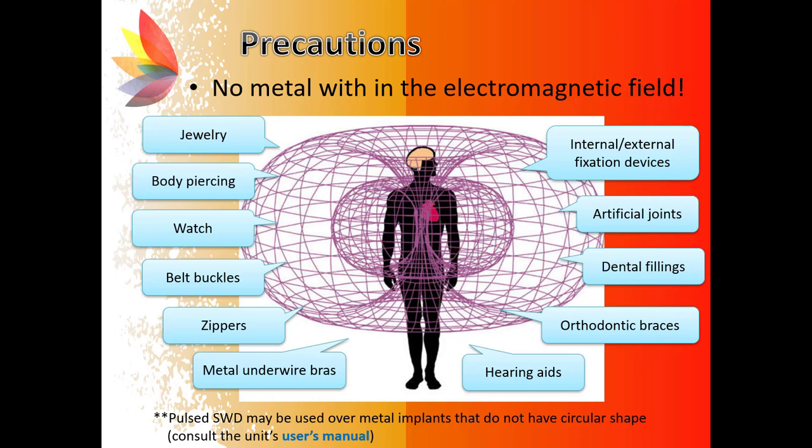Pulsed shortwave diathermy may be used over metal implants that are not circular in shape. It is best to consult with the user's manual to make sure that you are comfortable with their guidelines prior to treatment.